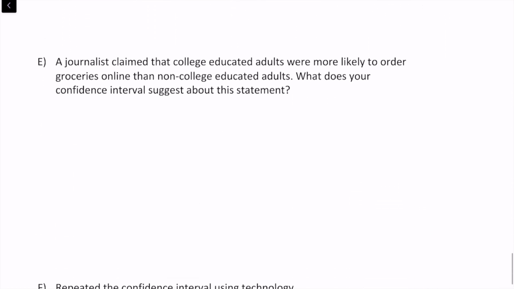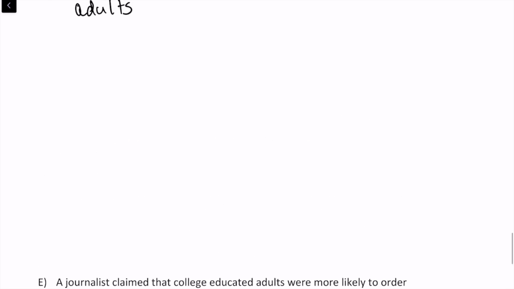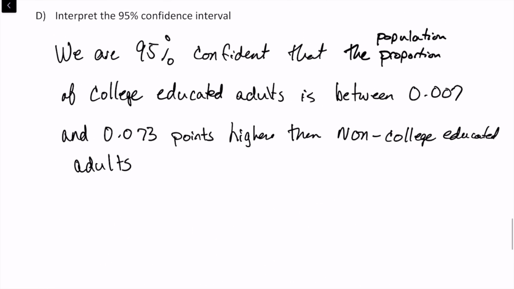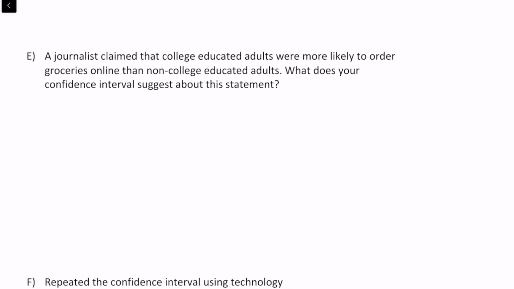Let's go here. A journalist claimed that college-educated adults were more likely to order groceries online than non-college-educated adults. What does your confidence interval suggest about this statement? Well, remember, our confidence interval contained all positive values. And so that indicates that p1 is higher than p2. So that means that college-educated is higher than non-college-educated. So what does our confidence interval suggest about this?